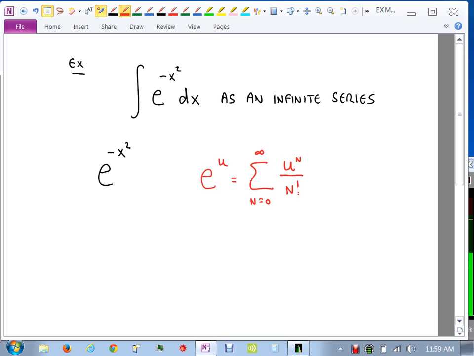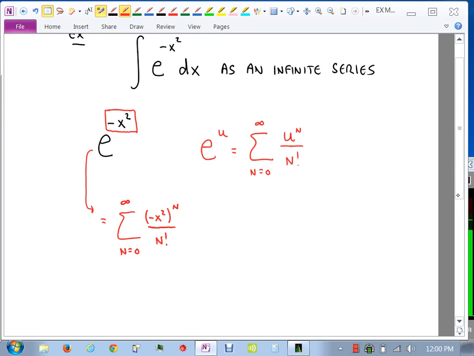What's u for us? Negative x squared, right? So if you write this in its Maclaurin series, it's the sum n equals 0 to infinity of negative x squared in parentheses to the n over n factorial.